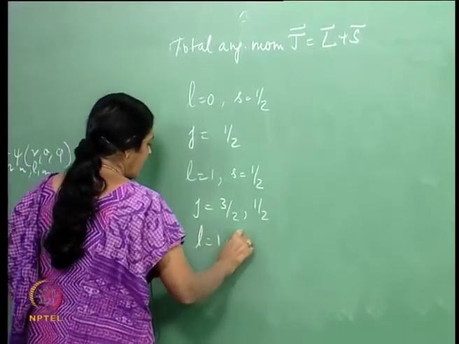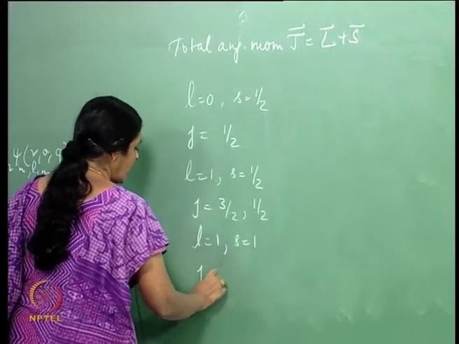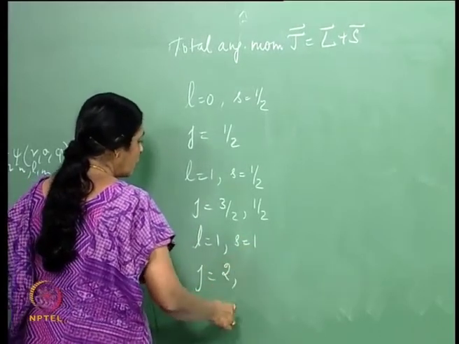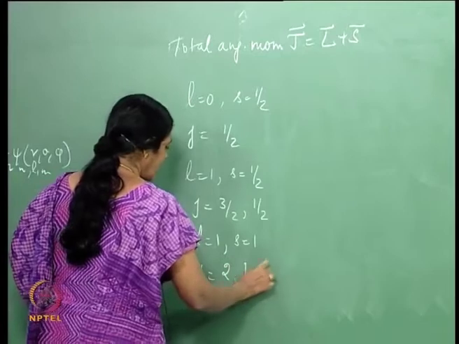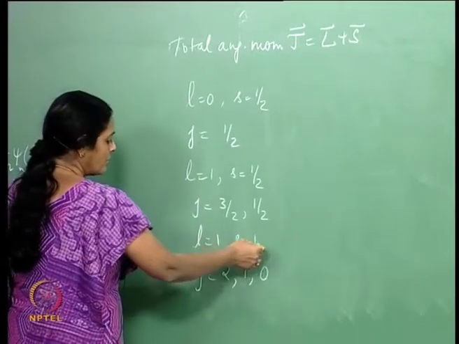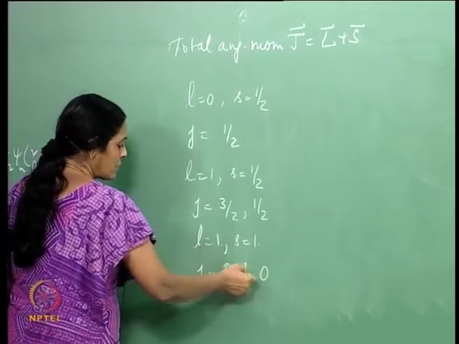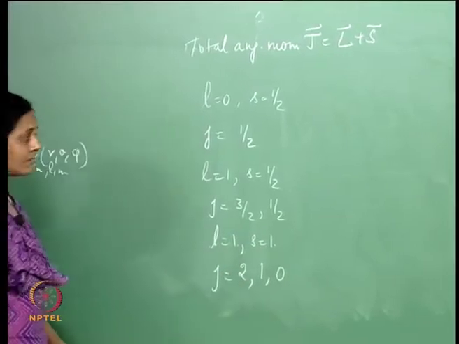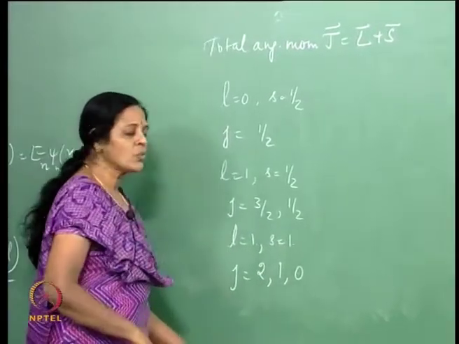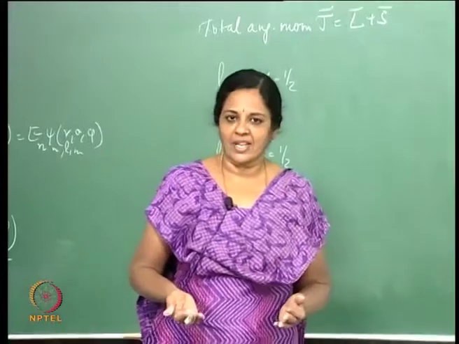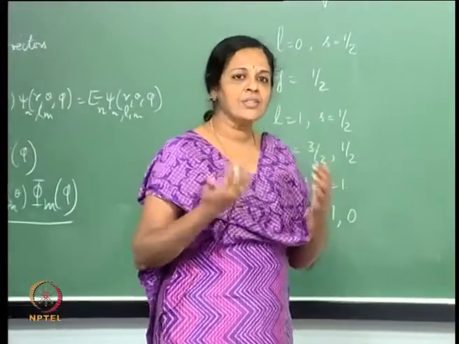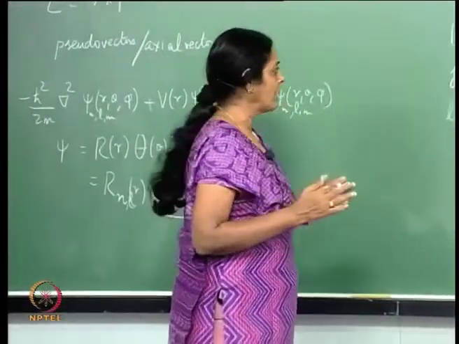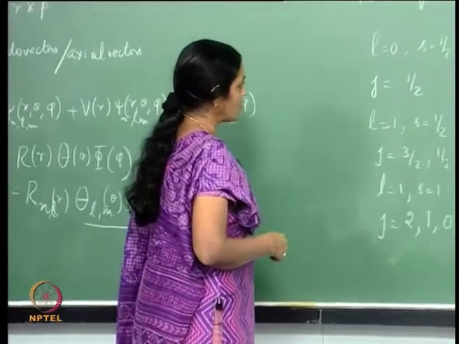If l is 1 and S is 1, J can take values 2, 1, 0, because it goes from 1 plus 1 to 1 minus 1 in steps of 1. So the addition rules are the same as when two spins add, except that l is constrained to take only integer values and not half-integer values.